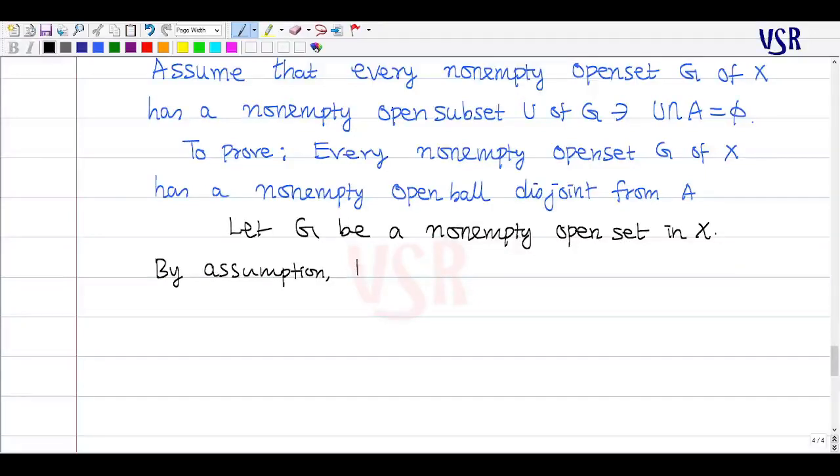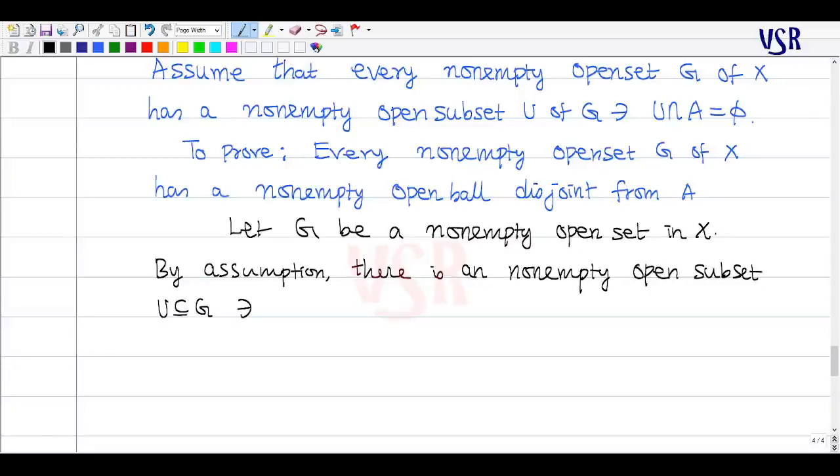By assumption, there is a non-empty open subset U of G such that U intersection with A is equal to empty. That is my assumption.